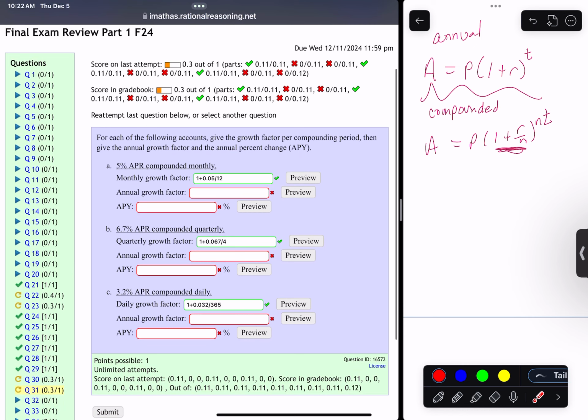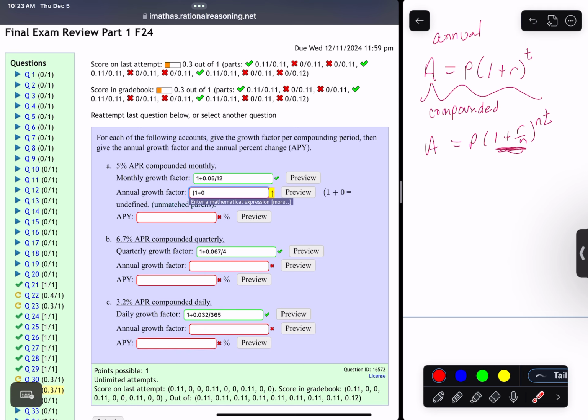Okay, now what is the annual growth factor? Well, that is compounded monthly, so that's the monthly growth factor. How many months are in a year? 12. So just take what you did in the first part of this question.